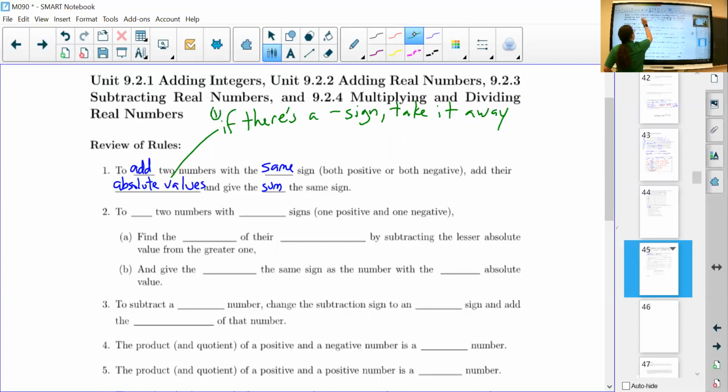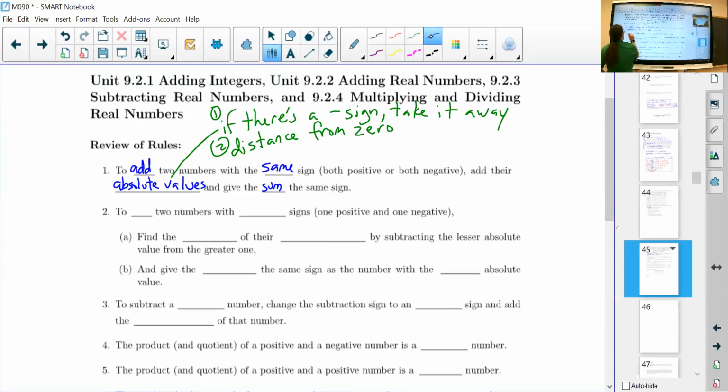Alternatively, it is defined as the distance from zero. Zero is zero away from zero, from itself, right? One is one away. Negative one is also one away from zero. So absolute value, just strip off a negative sign if there is one. If it's already positive or already zero, just leave it alone.